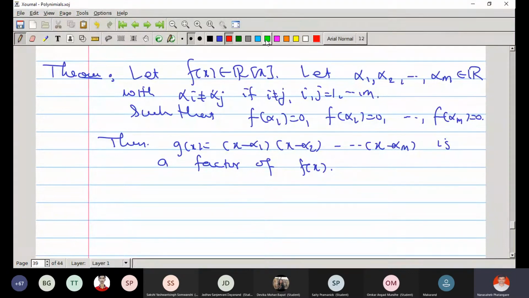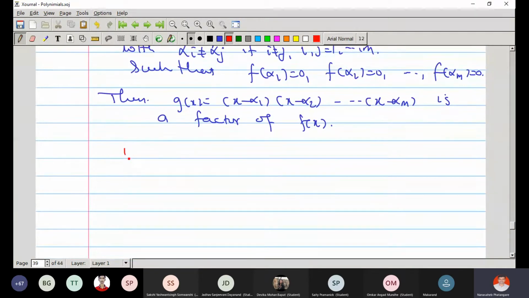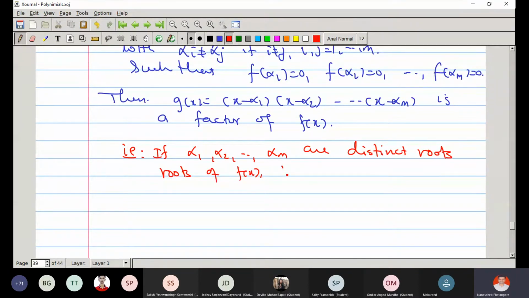It says that if alpha 1, alpha 2, up to alpha m are distinct roots of f of x, then x minus alpha 1, x minus alpha 2, up to x minus alpha m is a factor of f of x.